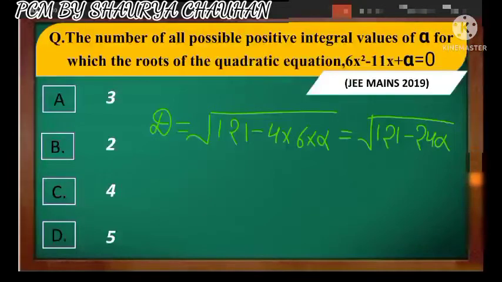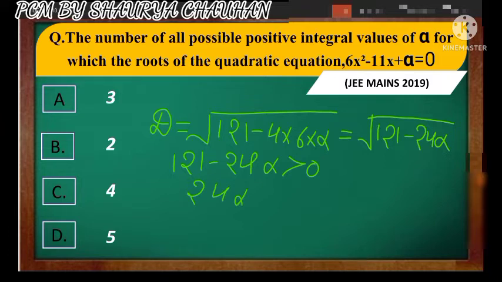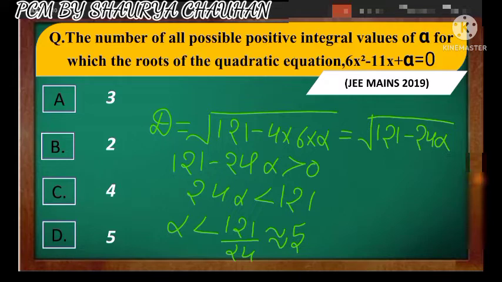So now 121 minus 24 alpha should be greater than 0. For that, 24 alpha should be less than 121, so alpha should be less than 121 by 24, which is a little bit greater than 5.